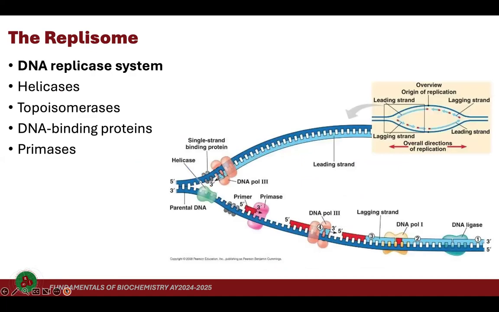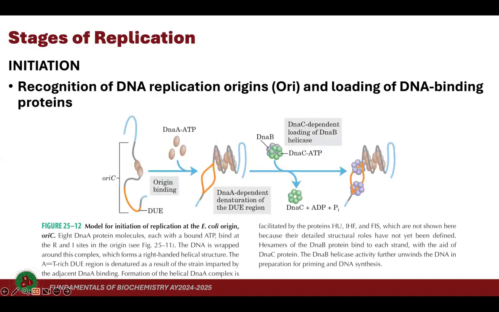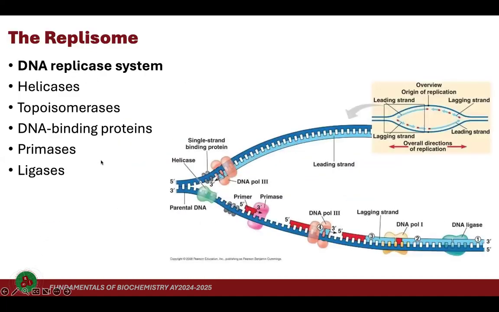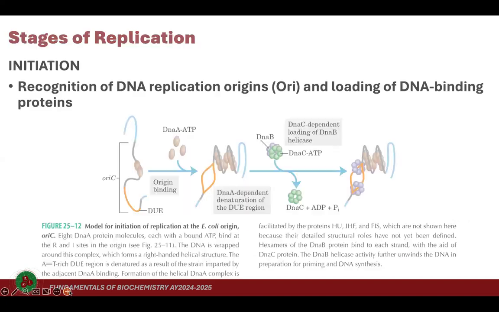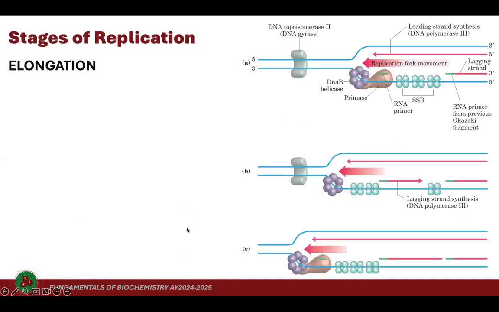So you have the DNA polymerase, the topoisomerase. Once you have the helicase there in the replication fork, then the others like topoisomerases, your single-stranded DNA binding proteins, primases assemble. Okay? And then we now go to elongation. And in this stage of replication, this is where your DNA polymerase stars.